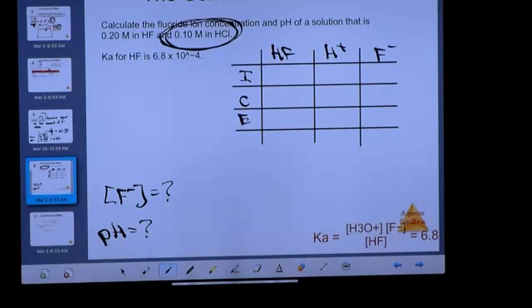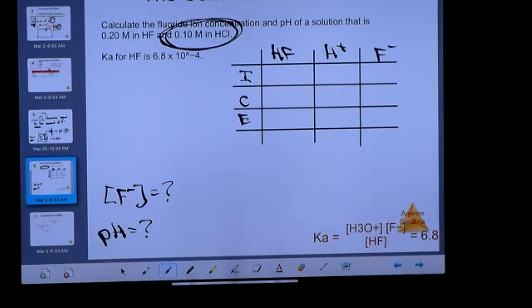Why am I not making this for HCl? Because if it was for HCl, the initial and the equilibrium would be the same. But I have a weak acid. That's what I'm worried about.